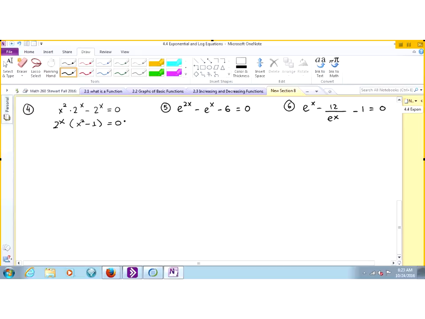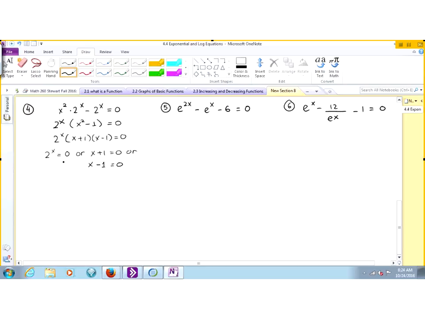Okay, then what? 2 to the x times, can we factor out x squared minus 1? x plus 1, x minus 1 is 0. Then what? 2 to the x is equal to 0, or x plus 1 is equal to 0, or x minus 1 is equal to 0. Right?